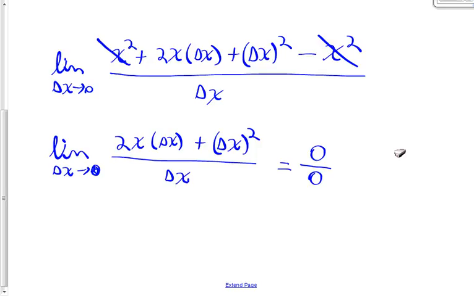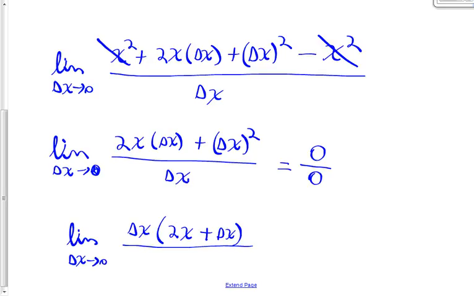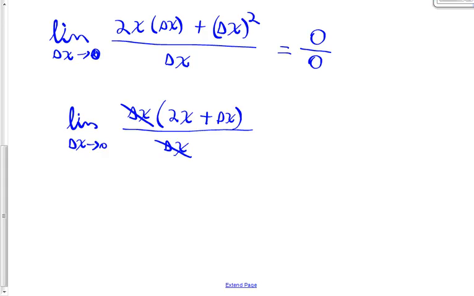There's a common factor of delta x in the numerator. So I factor out delta x, and I'm left with 2x plus delta x, in which case the delta x in the numerator and denominator just cancel each other out. And I'll have the limit as delta x approaches 0 of 2x plus delta x.